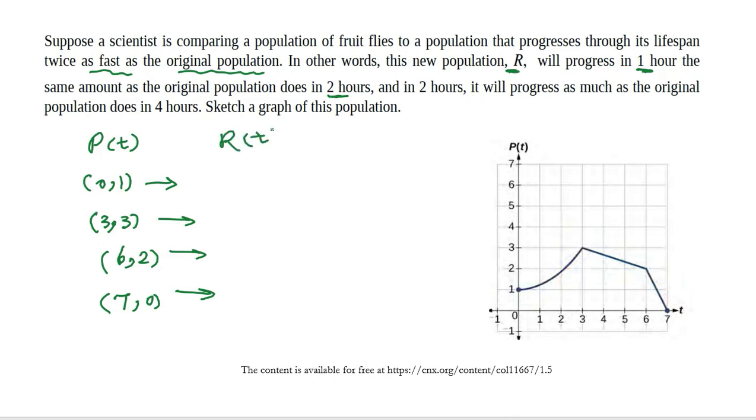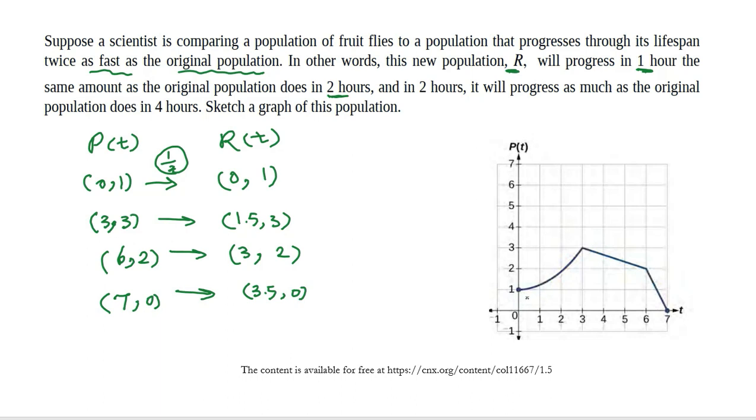So R of t, we multiply t by 1 over 2. 0 times 1 over 2 is still 0, and 1. 1.5 and 3. 3 and 2. 3.5 and 0.